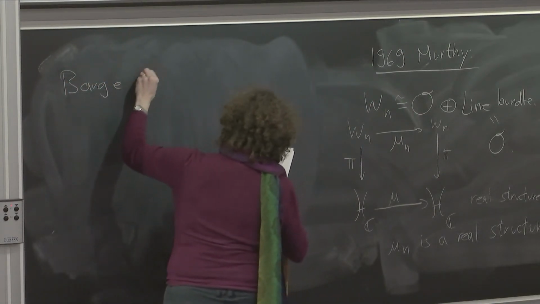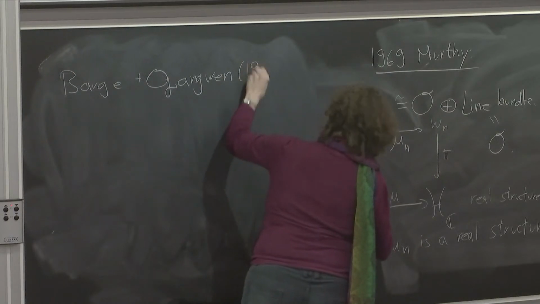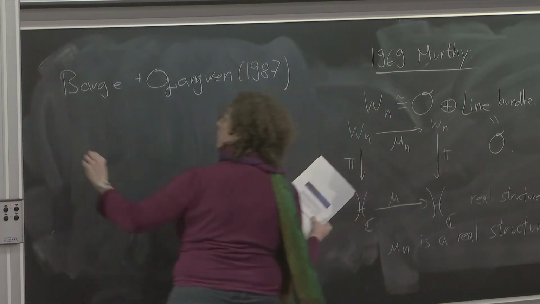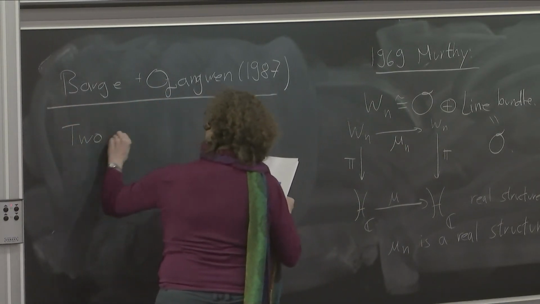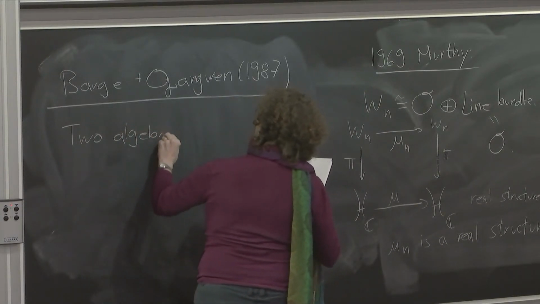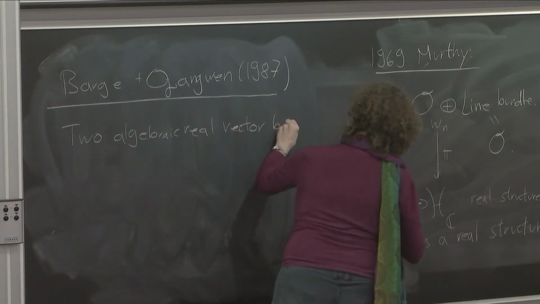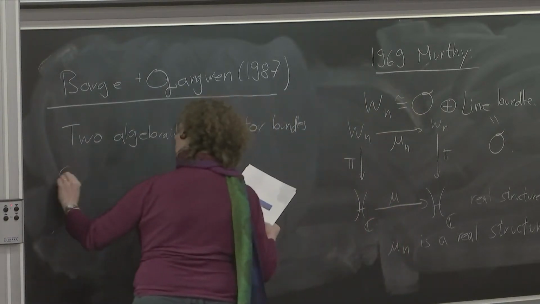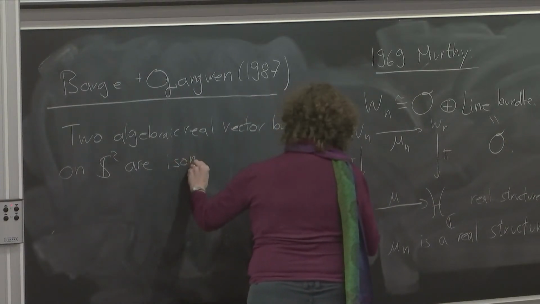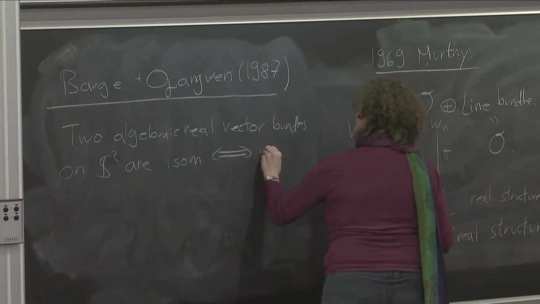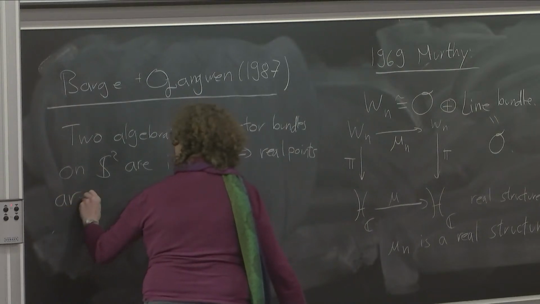(Barge and Oyon-Buren) in 1987 proved, more generally, but among other things, that two algebraic real vector bundles on S2 are isomorphic if and only if the real points are diffeomorphic.